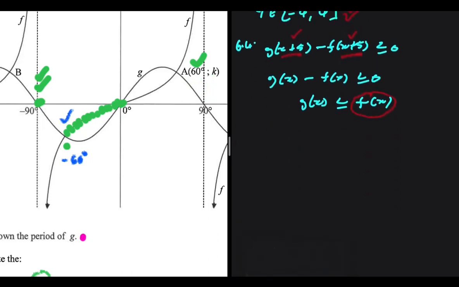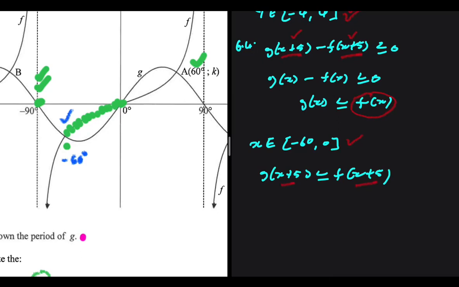So let's go ahead and write our solution. f of x is greater or equal to g of x when x is from minus 60 until x is equal to 0. This is for g of x being greater or equal to f of x. But instead, what we have is g of x plus 5 being less or equal to f of x plus 5. So what does this x plus 5 do to a function?